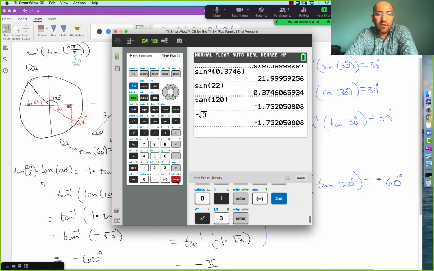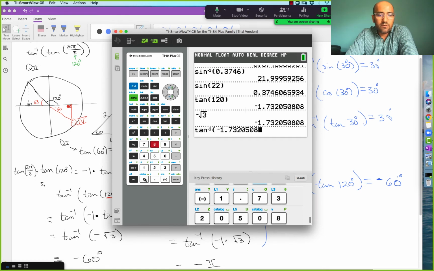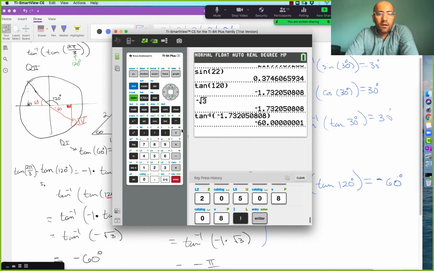So tangent of 120 degrees is negative root 3. But now if you want to go backwards and type in negative 1.7320508008, okay, close enough, you get negative 60 degrees.